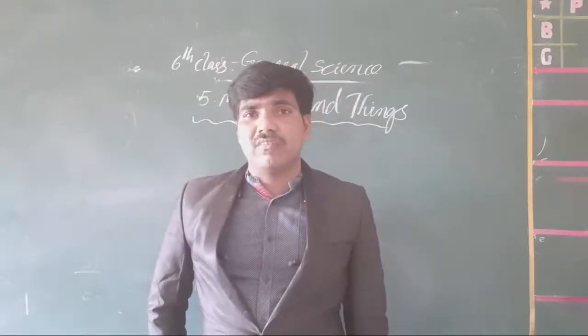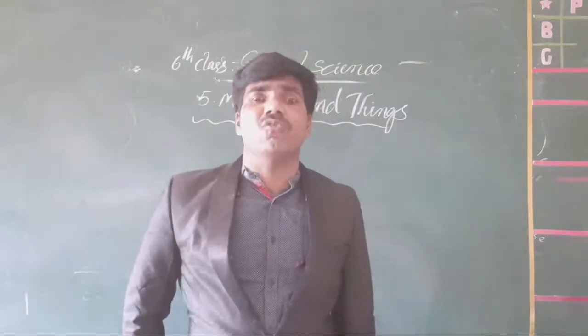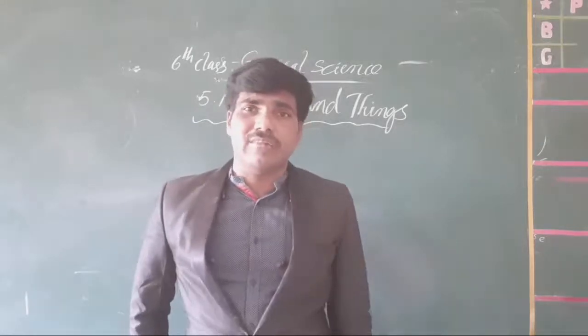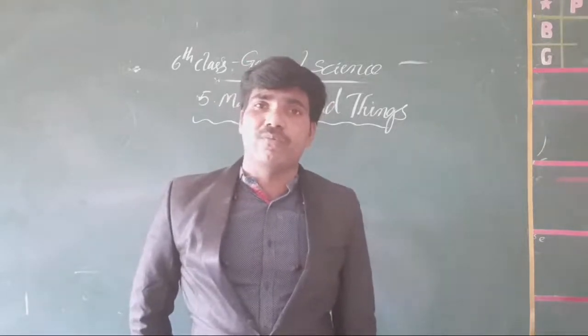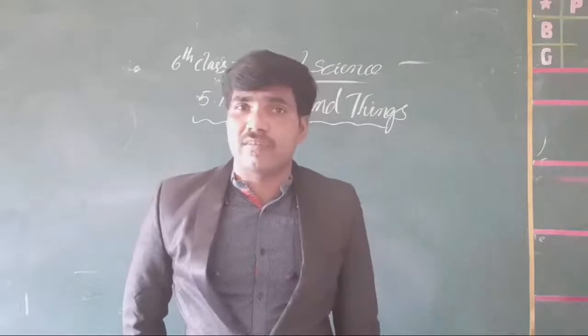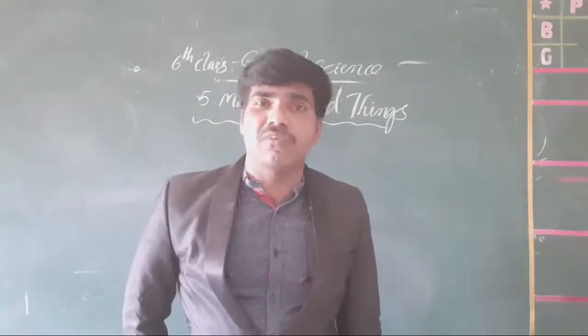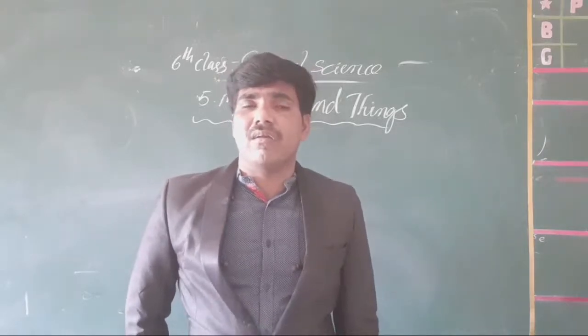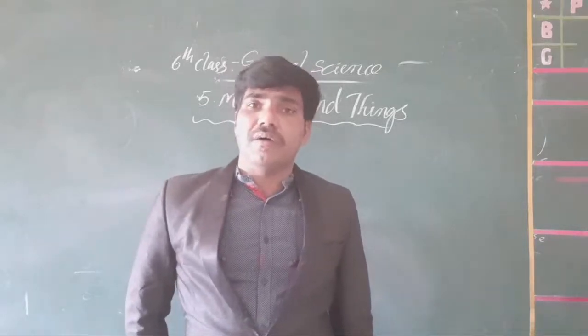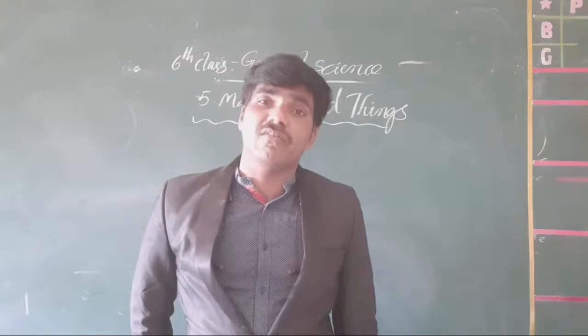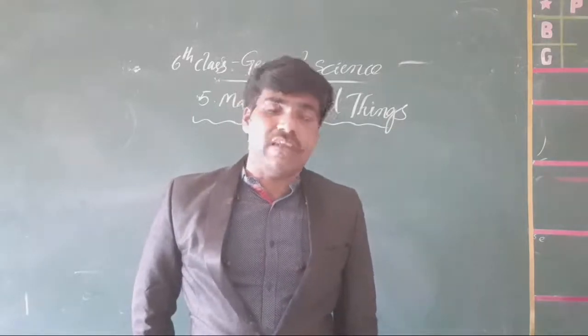Once check the bicycle, how many materials are used? Different materials are used or not. Iron may be used, plastic may be used, steel may be used somewhere. Okay, clear or not, all of you? And some ball bearings are made of stainless steel.